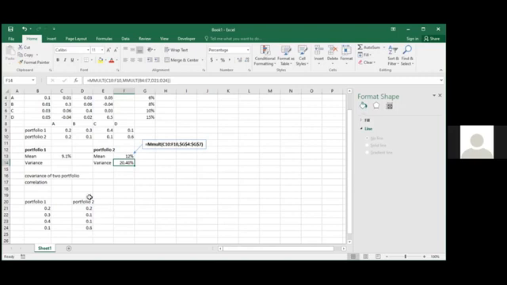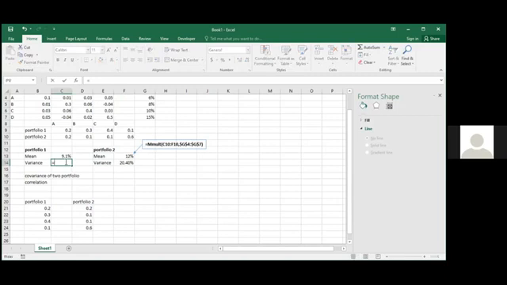So likewise, you can estimate the variance for portfolio 1 also. In that case, you have to use the MMULT function using the portfolio proportions here, row wise. Again, multiply by MMULT, the variance covariance matrix values, multiplied by the portfolio proportions here, considering portfolio 1.